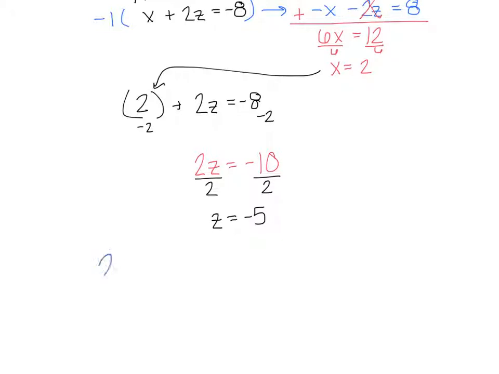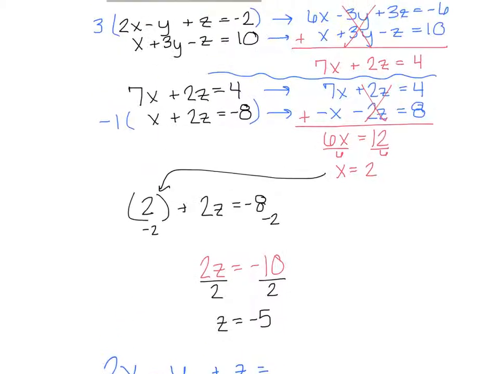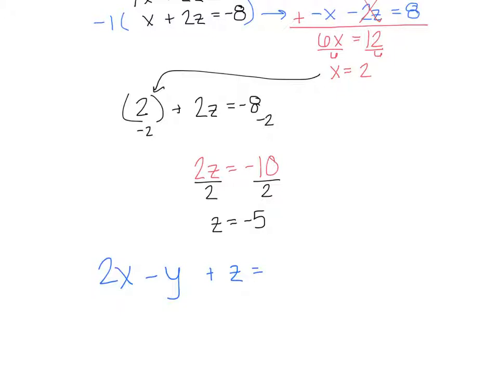Try again. 2x minus y plus z equals what? Negative 2. Okay. So I plug in my 2 for x, write y, and then plug in negative 5 for z.